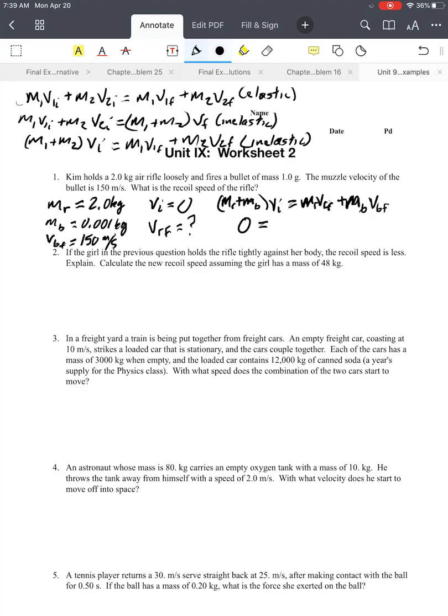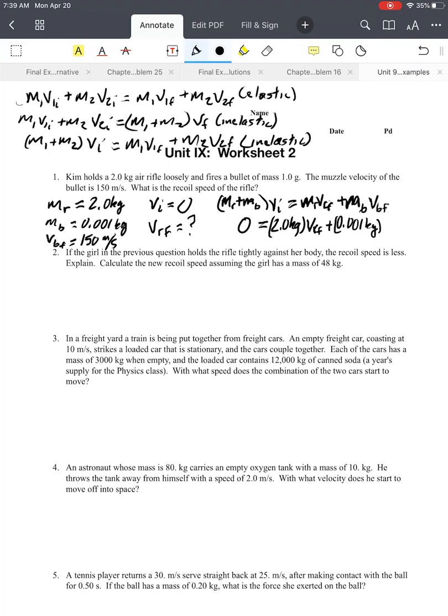Okay, so we know the mass of the rifle is 2.0 kilograms, and we don't know what the velocity of the rifle is, so we're going to say VRF. We know what the mass of the bullet is, 0.001 kilograms.